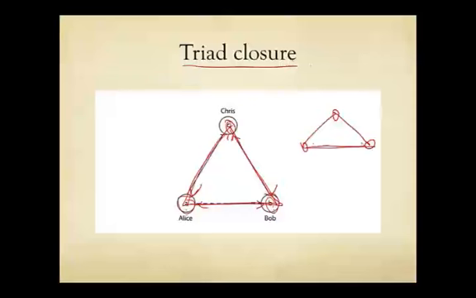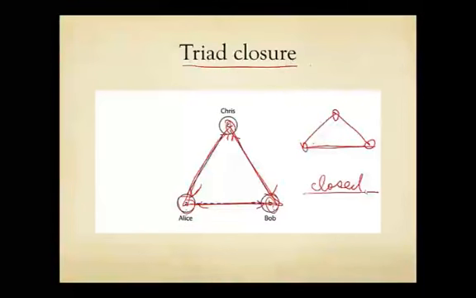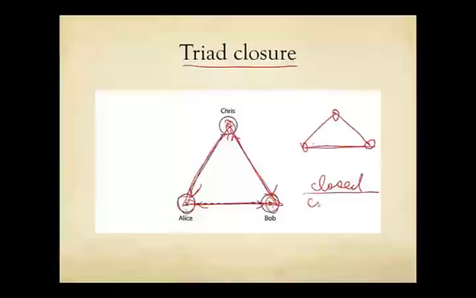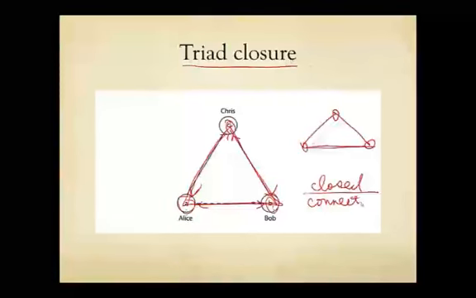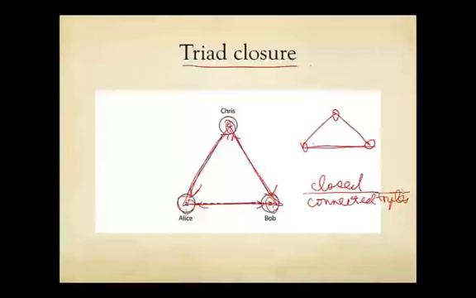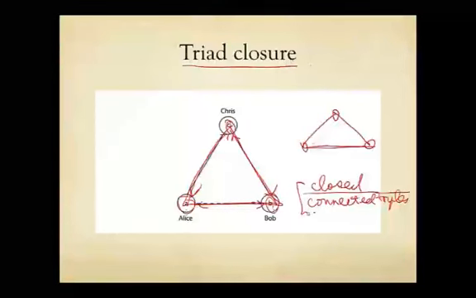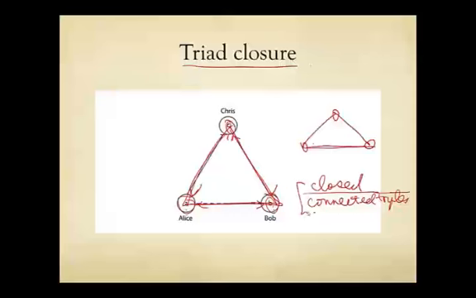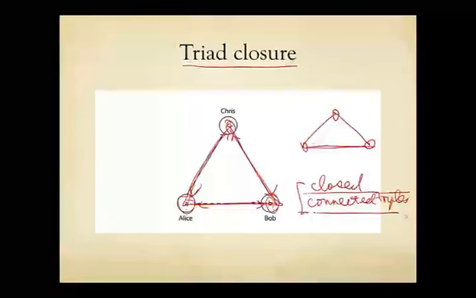So I would like to count the number of closed triangles as a percentage of the number of connected triples, whether they are closed or not. It turns out this would not be exactly the formula we use because it doesn't normalize to what we want, but it captures the essence of the idea.